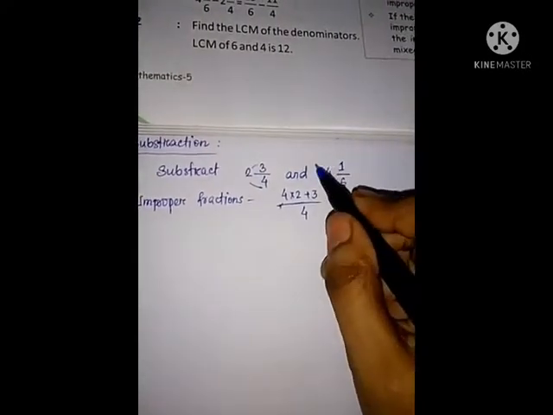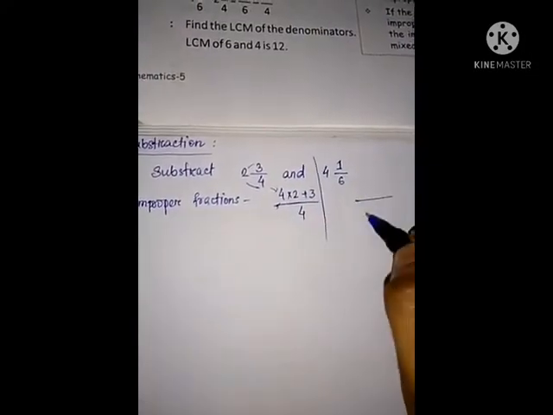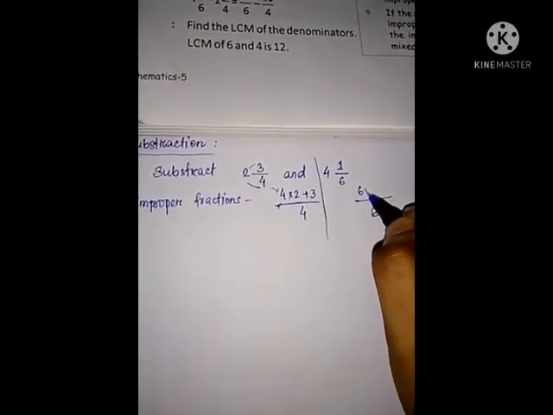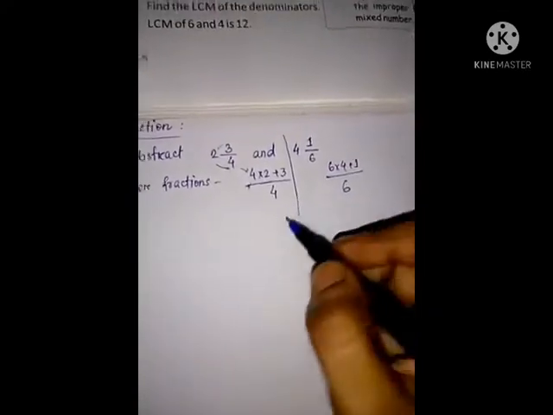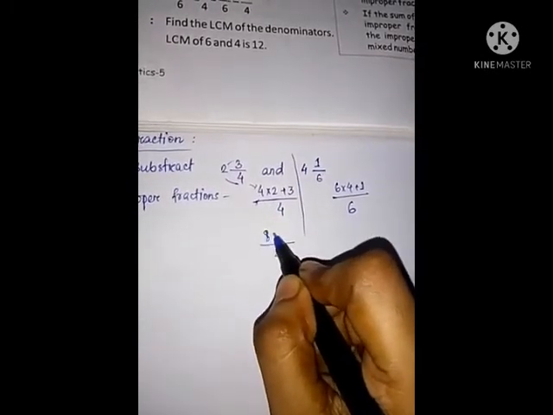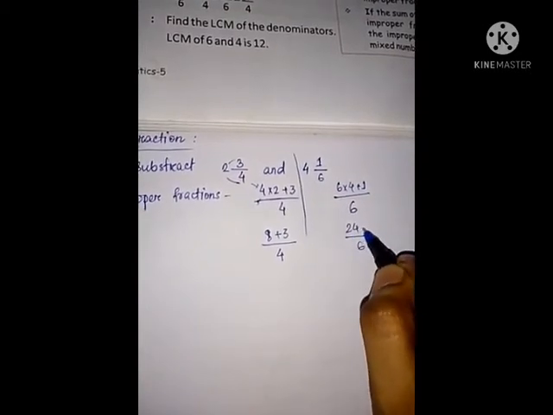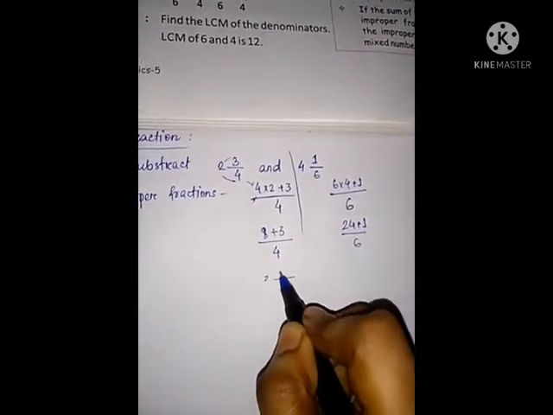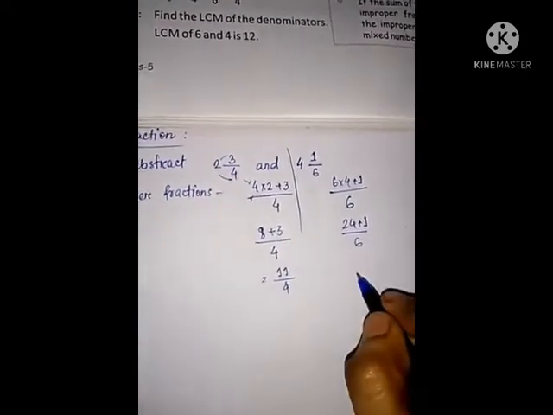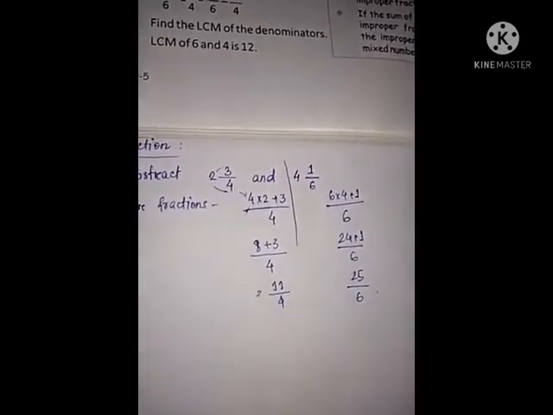Okay, this is the improper fraction of this. Now the improper fraction of this, 6 into 4 plus 1. So the improper fractions are 8 plus 3, 24 plus 1. So 11 by 4 and here 25 by 6. So these are the improper fractions.